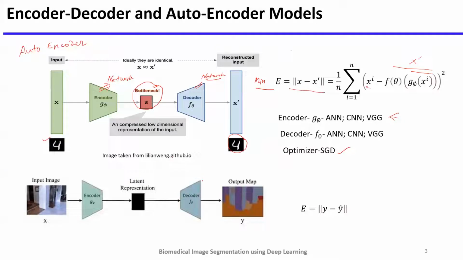What happens in the case of image segmentation? In image segmentation, an encoder and decoder are also designed, but it is not the same as the autoencoder. In this case, the input image is as in the autoencoder, and there is an encoder function G. There is a latent representation, and again there is a decoder function, but the output map is not the same as in the autoencoder.